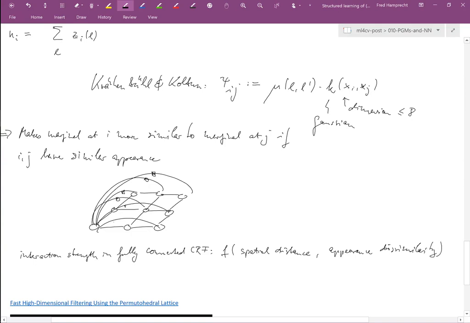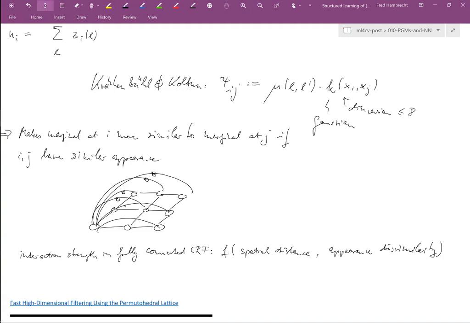So if two sites have very similar appearance, then such a model will typically learn that we want to have the same label there. And so this is a sort of modulation that you've seen, but you can of course make this depend on more expressive features than just the gray value at a given pixel.